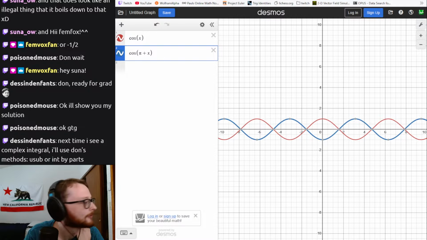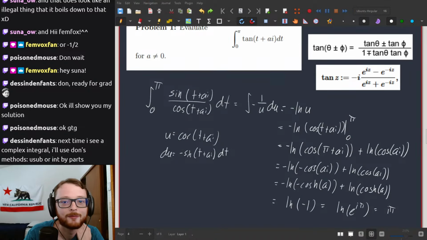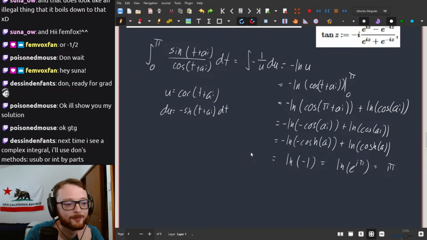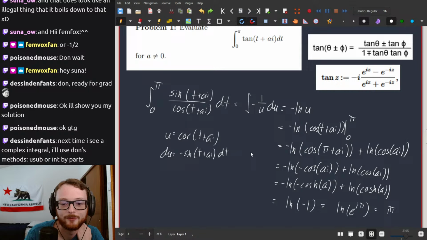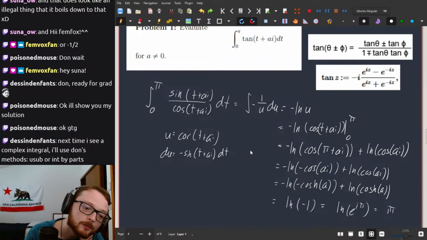There you go, Destin. I don't know. So there's a slight error here with the sign of A. I don't know which step it was in. But I'm calling that good enough for me at least.